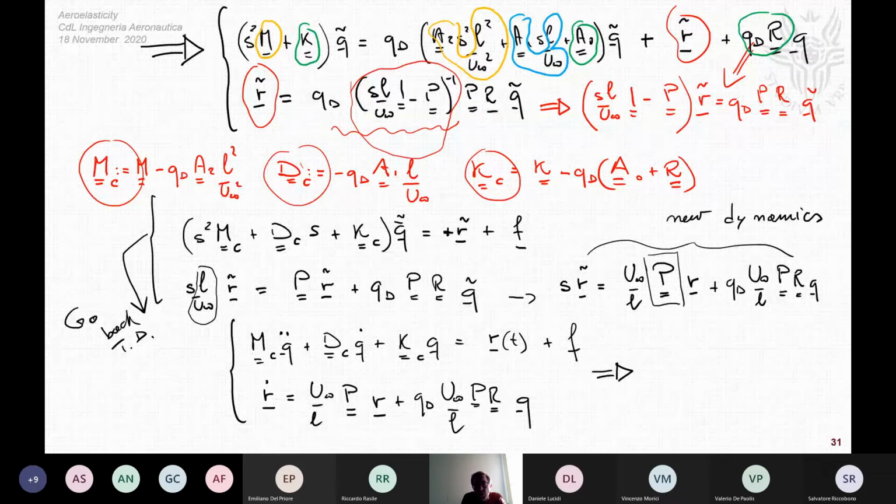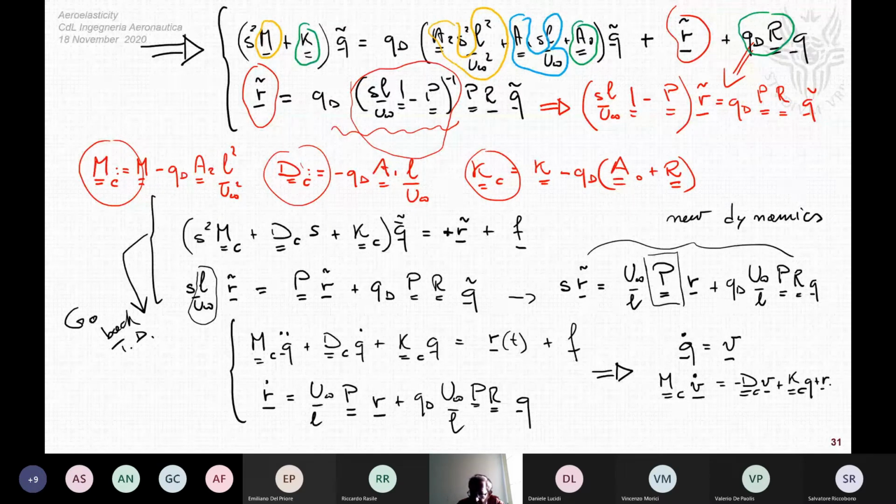You want a first order differential system form, and therefore in order to have this, you can introduce the variable V, the derivative of Q, and so you can write Q dot is equal to V, and then here you have M_C V dot, which is Q double dot, is equal to minus D_C V minus K_C Q plus R plus F. This is minus, excuse me, minus.